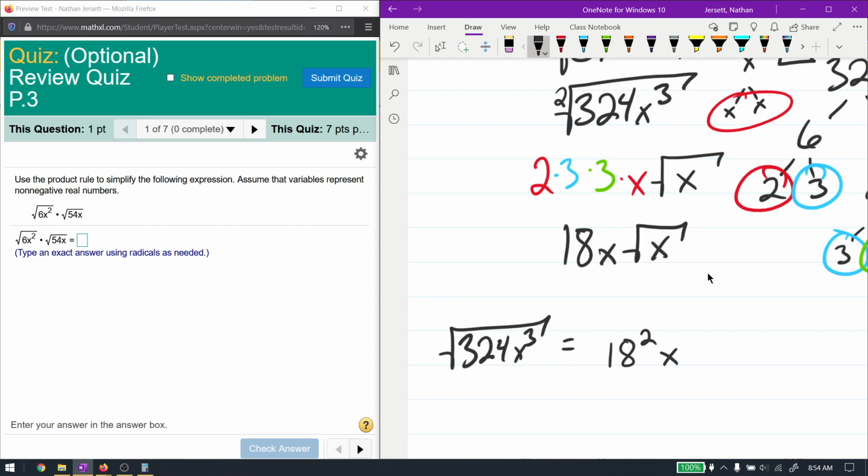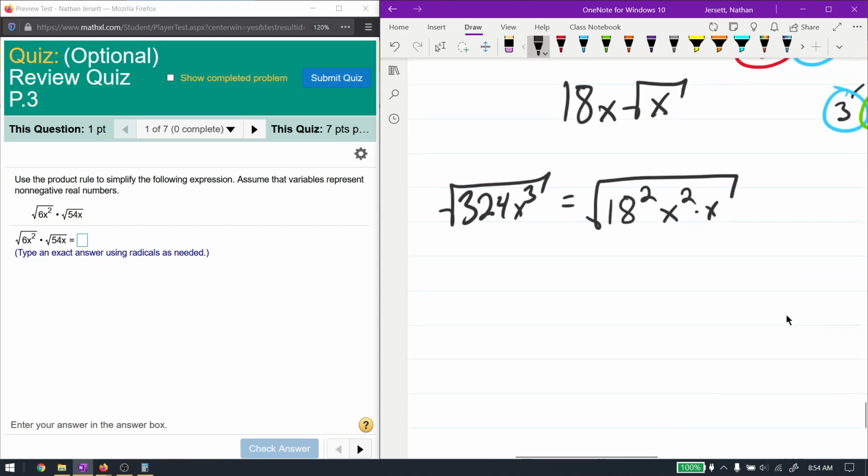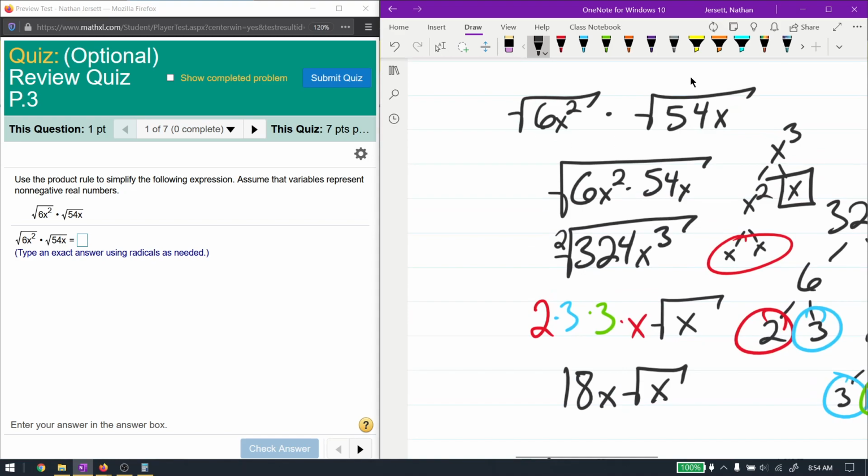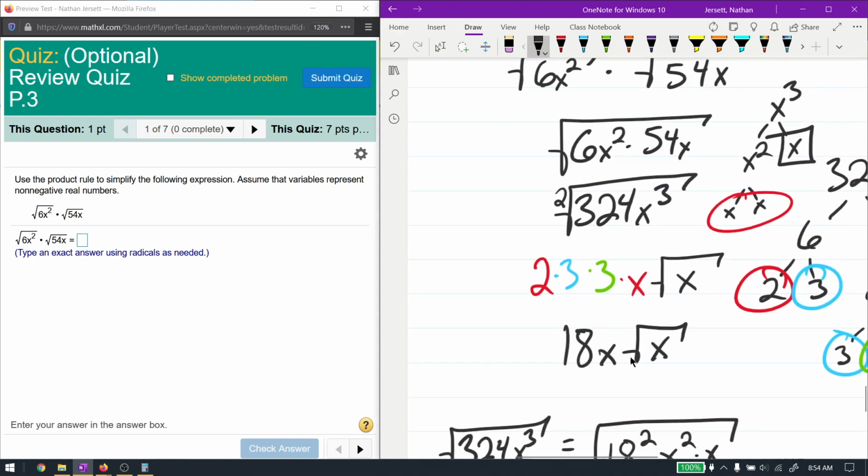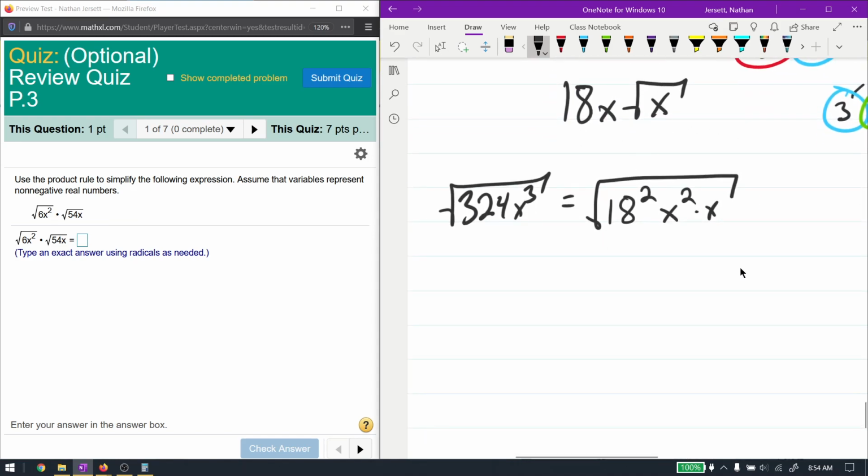X cubed is x squared times x, and x squared is a perfect square. Now I can break up the radical going the inverse way. What I did up here was combine them into one radical. I can go the other way and break this radical up over each part. You get the square root of 18 squared, the square root of x squared, and the square root of x.